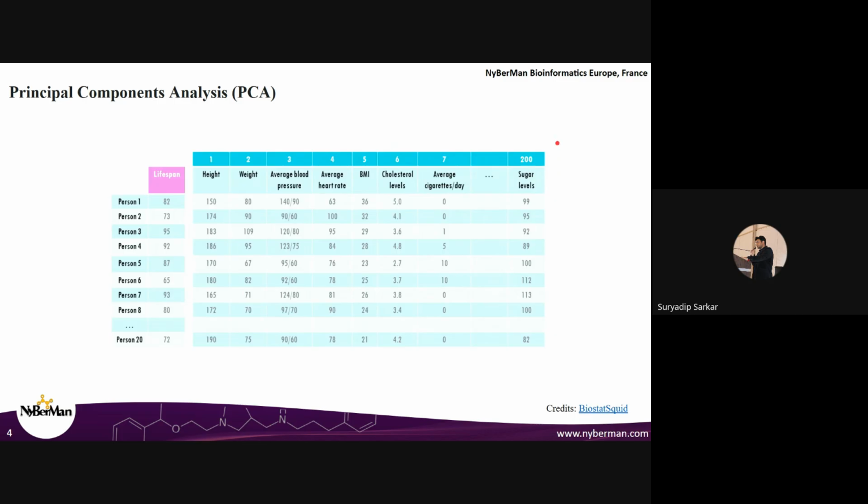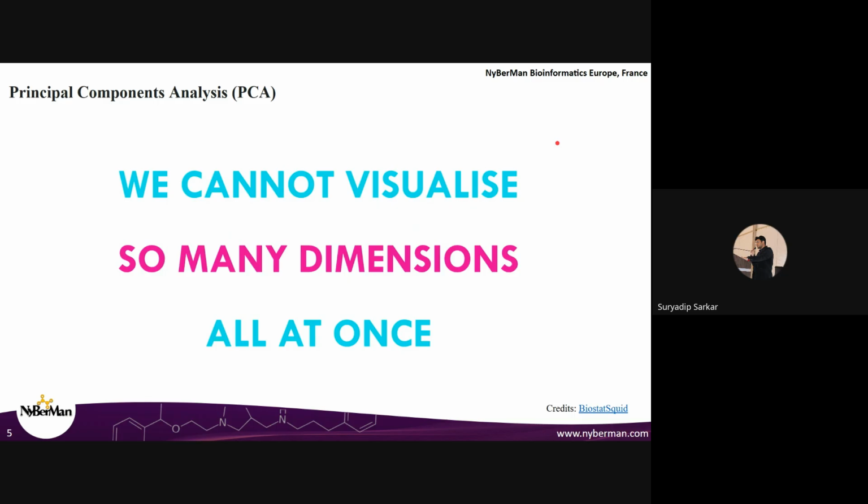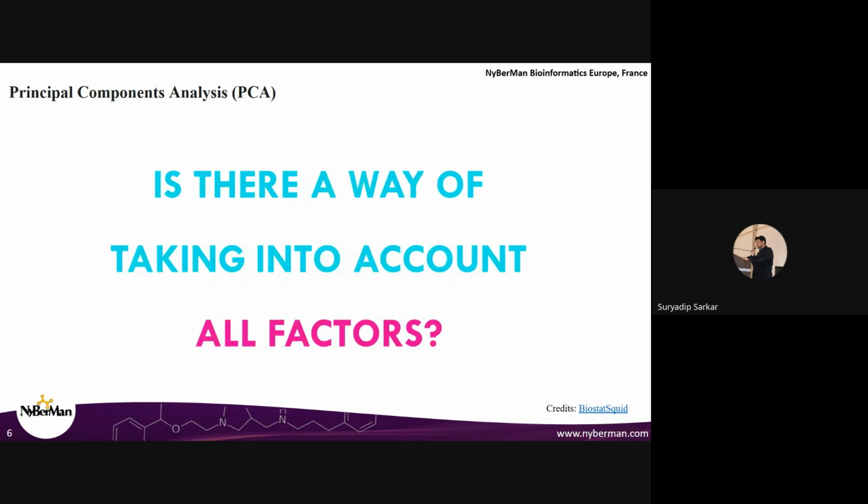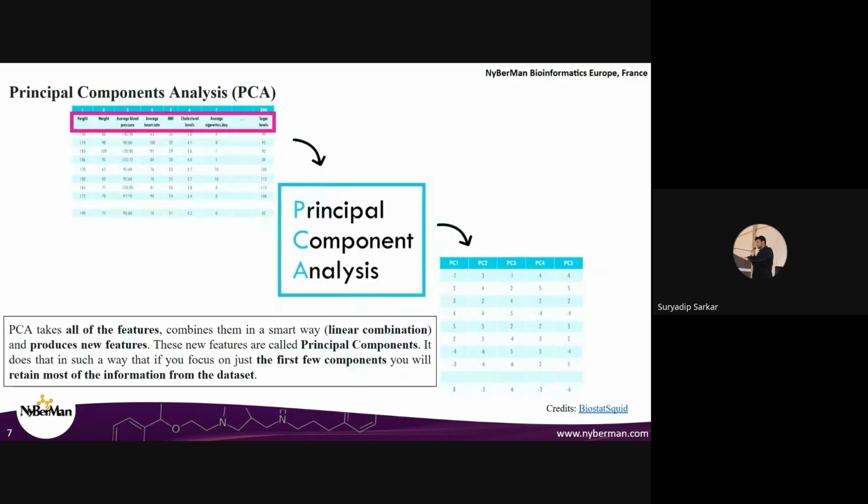Let us assume. Now, obviously, we cannot visualize so many dimensions all at once, right? This is exactly what we discussed. Now, is there a way of taking into account all the factors, so basically all the features? Is there a way I can reduce the number of dimensions, but then also take into account all the features? That is basically what principal component analysis does.